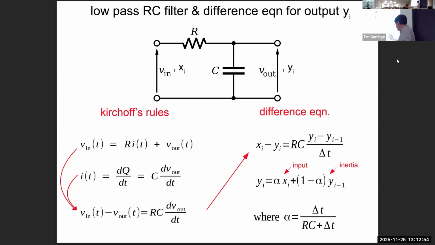So there are different extremes where the first term or the second term become more or less important, depending on the relative sizes of these two times that characterize your sampling rate and your RC time constant that you're filtering.